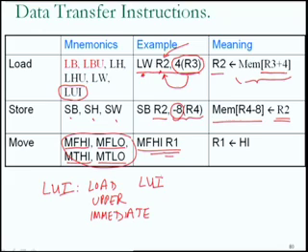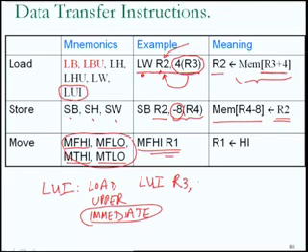So, as with any load instruction, the load upper immediate instruction is one that can be used to copy a value into a register. So, it must have a register as its operand. The other operand is going to be an immediate value, and in this case the immediate value is going to be a 16-bit immediate value.